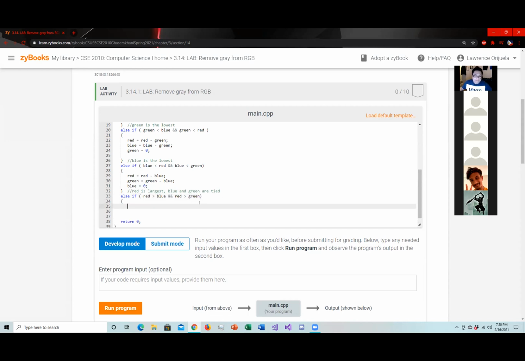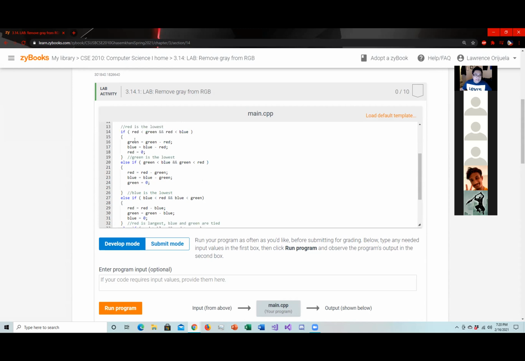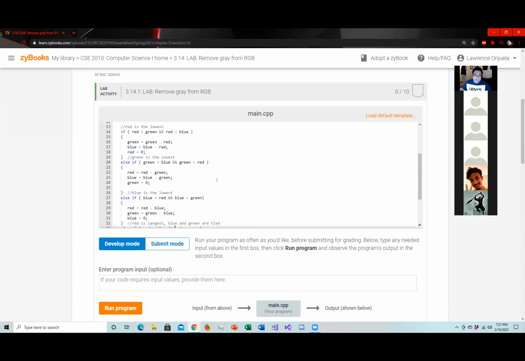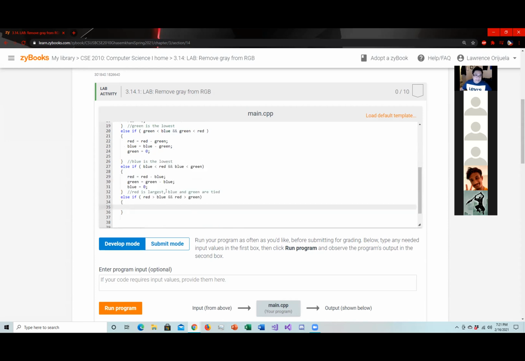The reason why I'm putting it like this is because it would come here if the previous if statements didn't work. If blue and green were not tied, then it would check which one's the lowest, and then it would go to either this one or this one, right?